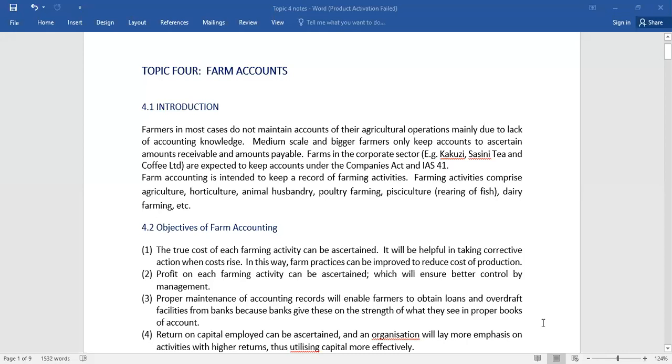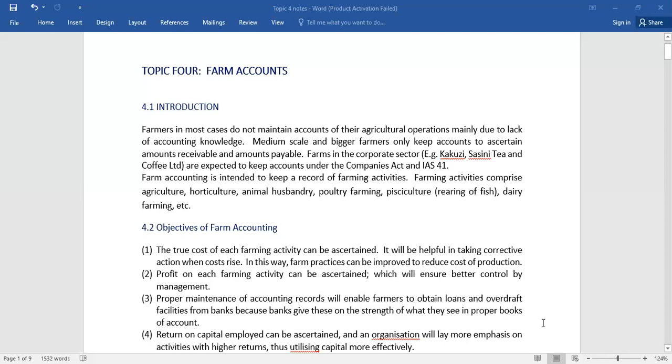Yes, I can see. Well, I was talking about the evaluation of inventory, and I was saying just as International Accounting Standard 2 requires, we are supposed to value our opening inventory in the farm accounts at the lower of cost or net realizable value. We are doing this in line with the prudence concept.